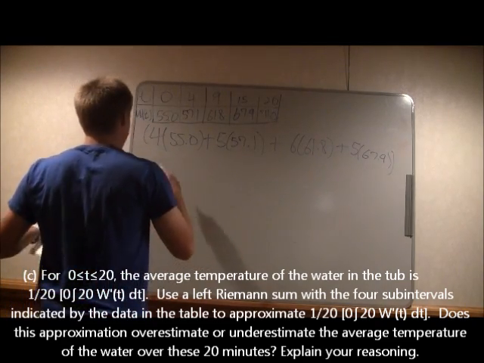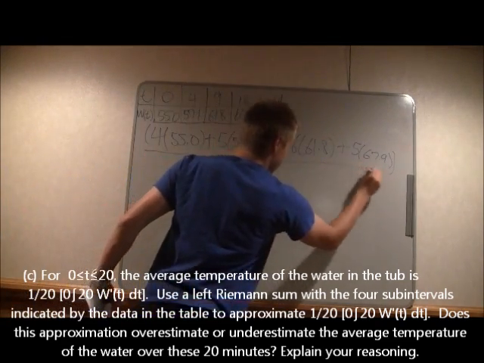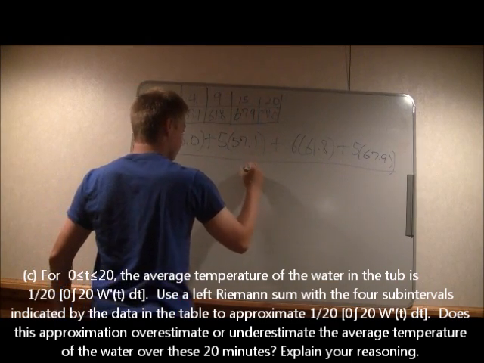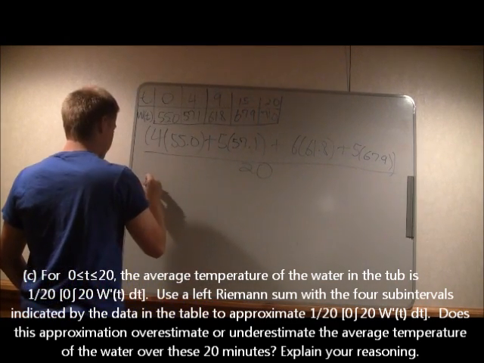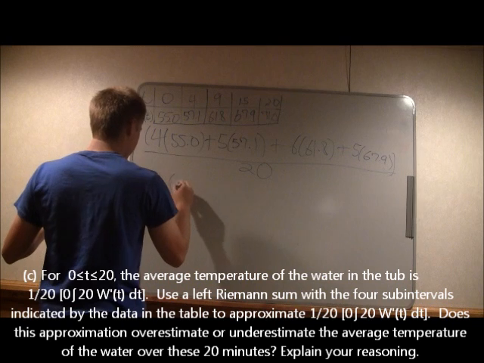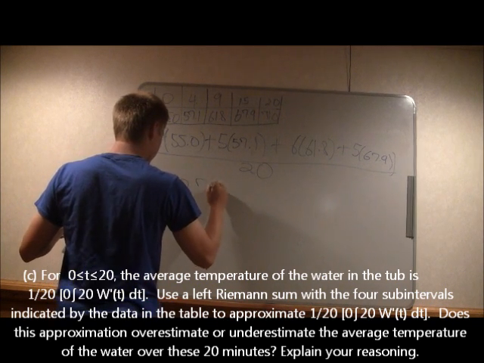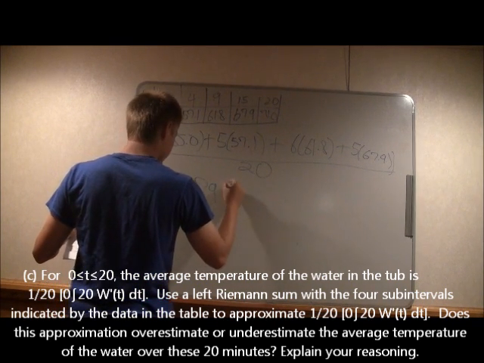All of this, since this is an average, is divided by the total value of 20. Plugging this into the calculator, you get 60.79 degrees Fahrenheit.